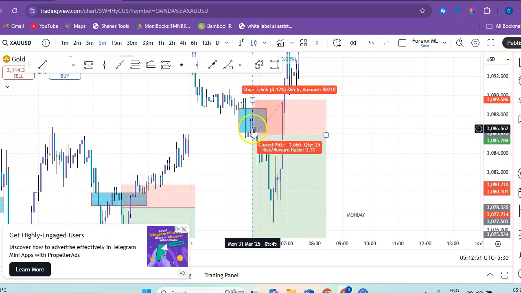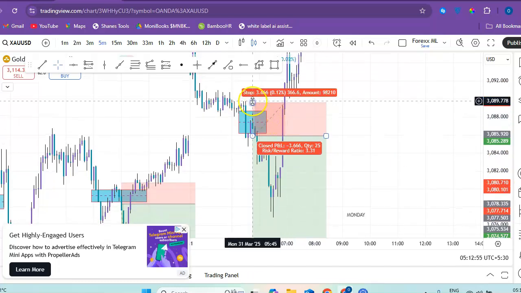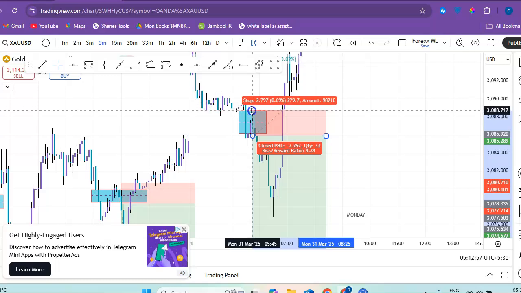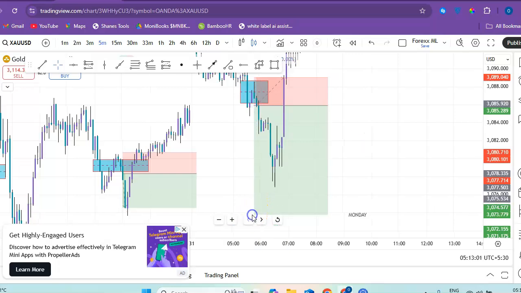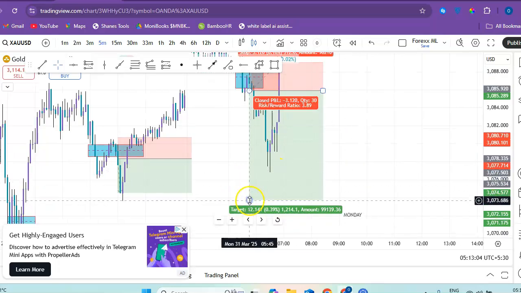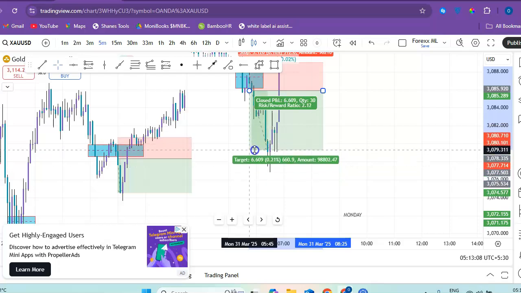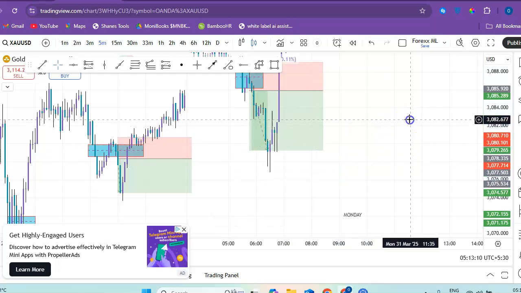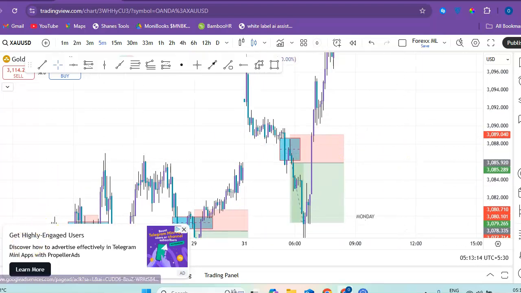So always wait for the candle close here. I will put the stop loss above the fair value gap and my target is usually 1.5 to 2. So if I target 2 here, 1:2, it will be a successful trade. So these are the bearish examples.